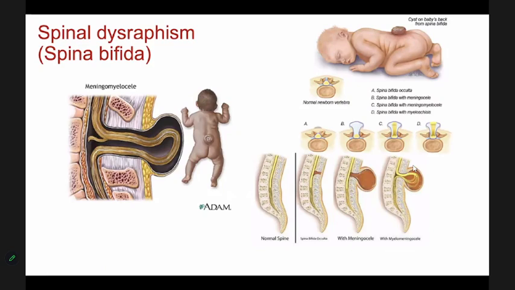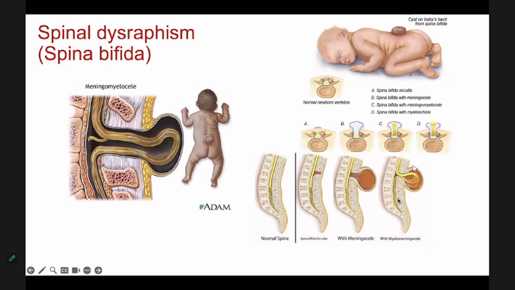We hardly see this. Most often what we see are these two forms, called B and C, depicted in the diagrams here and here. In B, it's only the coverings which invaginate, right? This is what you call meningocele. It's only the meninges forming a cyst. But the most severe one is what you call meningomyelocele.